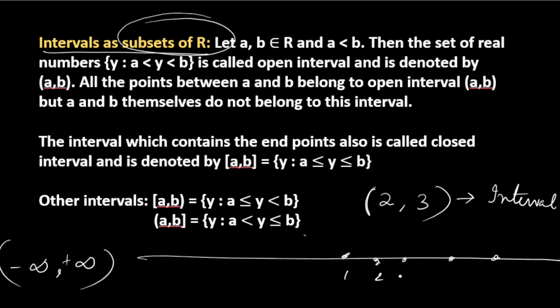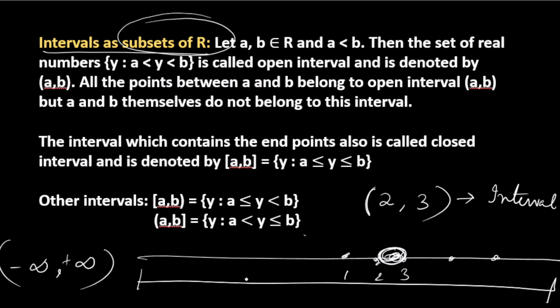So 2 to 3 means just a part of this one. Real numbers are every number on this number line, so a part of this is this interval (2, 3). So for this reason, because this interval is contained in the real numbers, this is a subset of R.